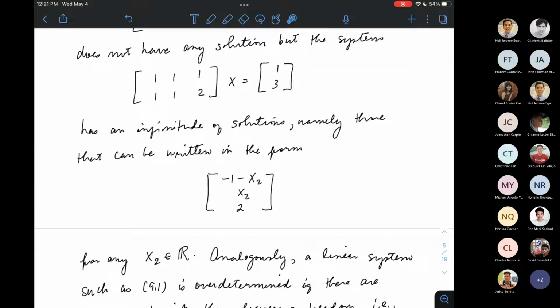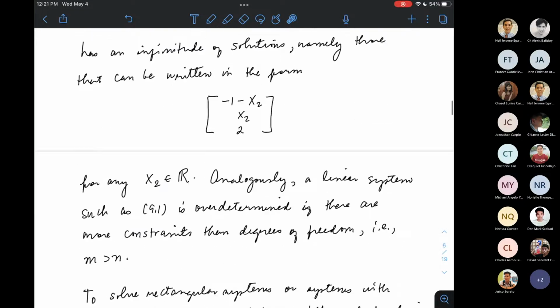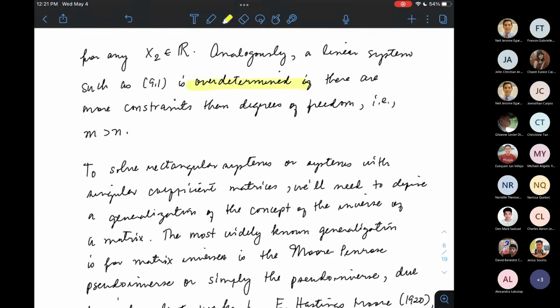Okay? Tapos may isa pang klase ng rectangular system, sila naman yung tinatawag natin na overdetermined. Siya naman yung complete opposite ng underdetermined. Mas marami yung constraints kaysa sa degrees of freedom. Okay? So you have more equations to be satisfied than the degrees of freedom.